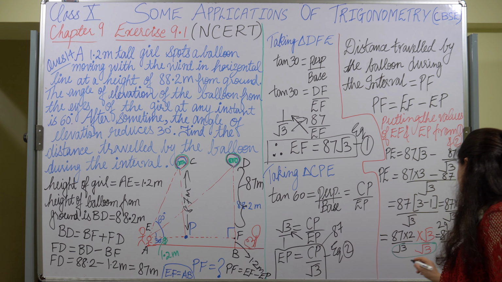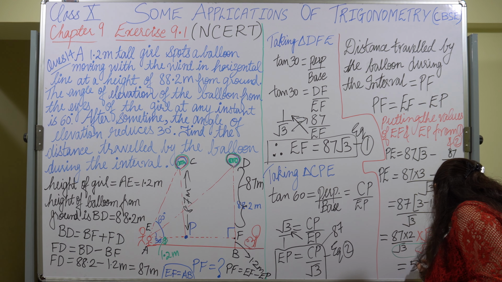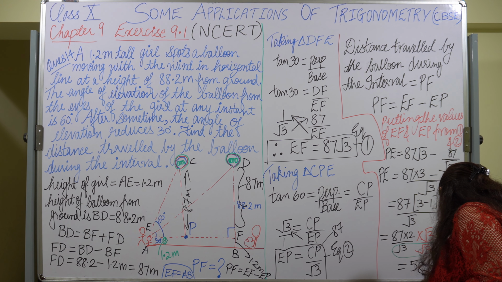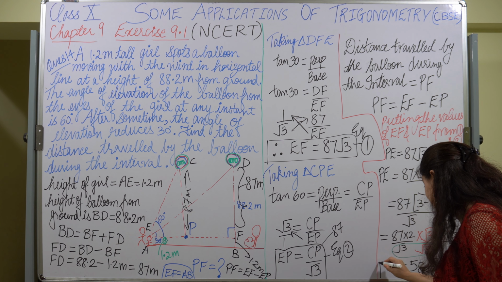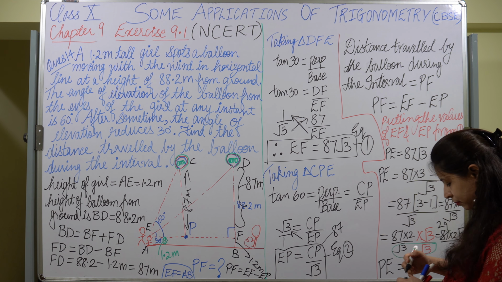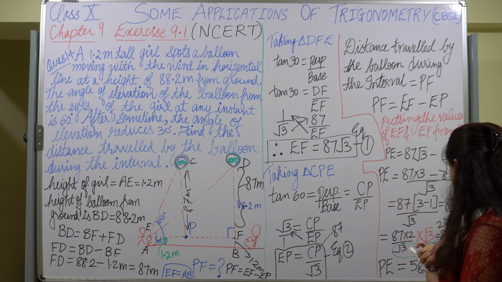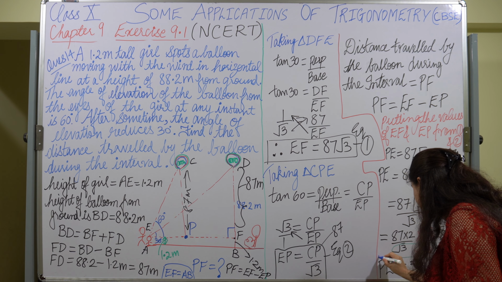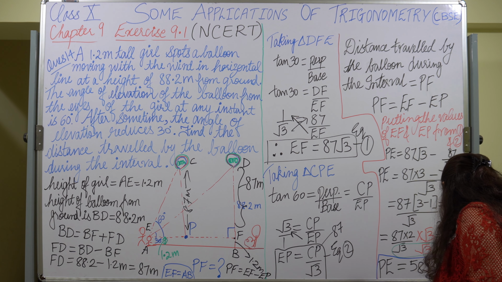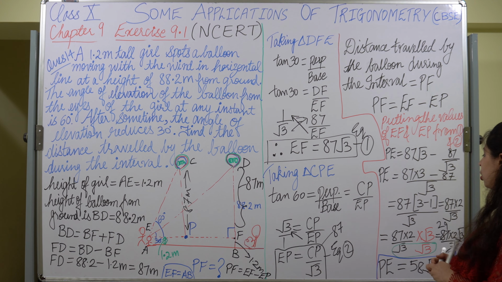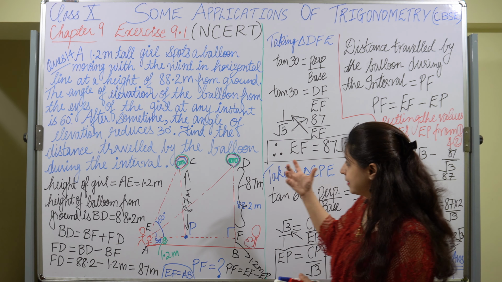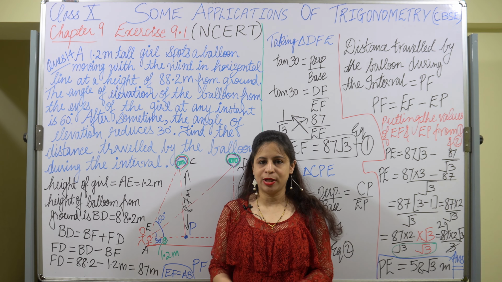So 29 into 2 is 58 under root 3 meters is my answer. So in this manner we need to solve such type of questions.